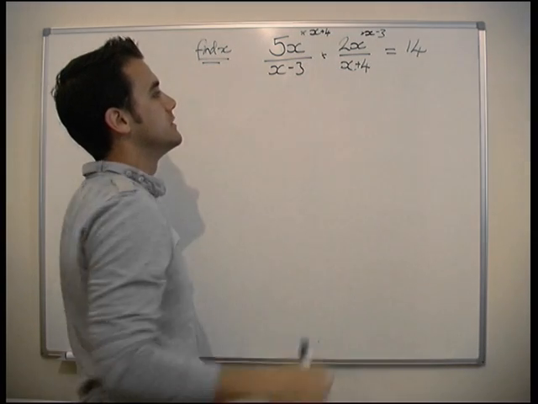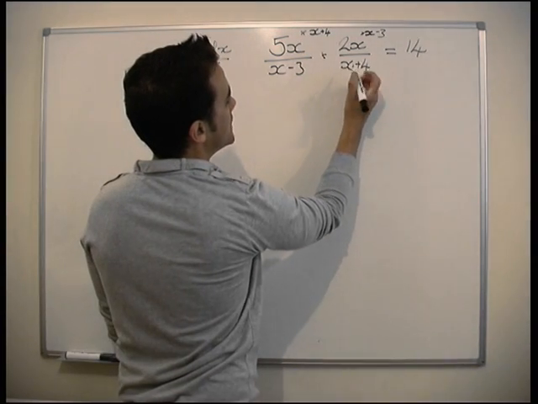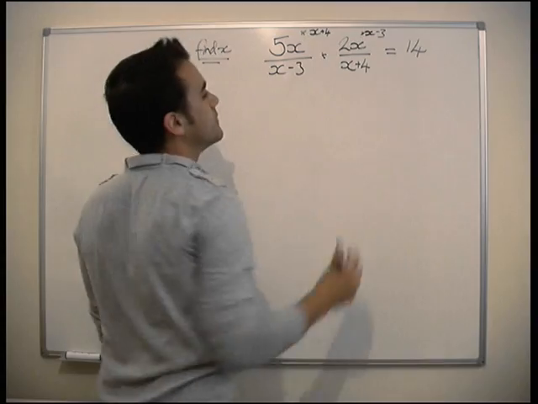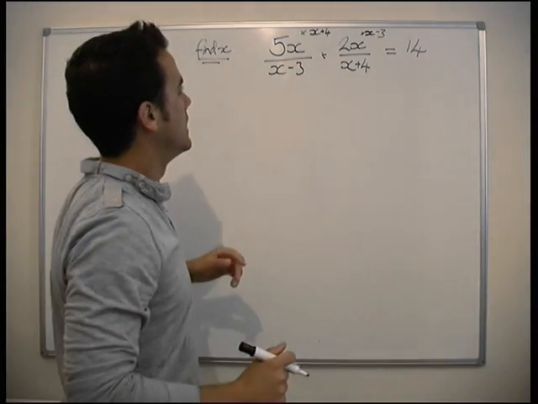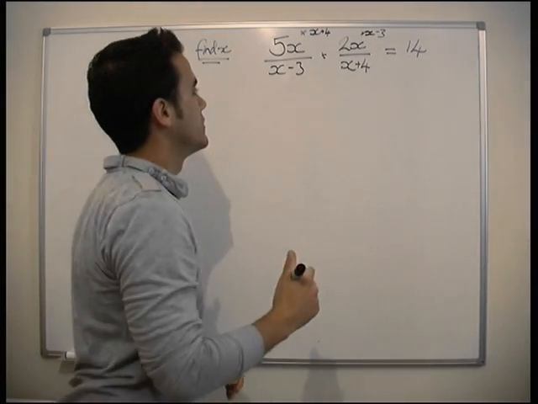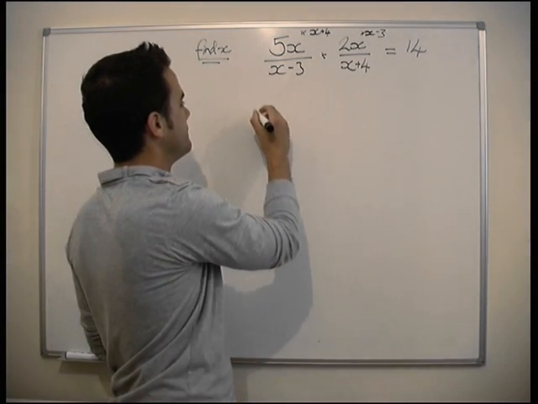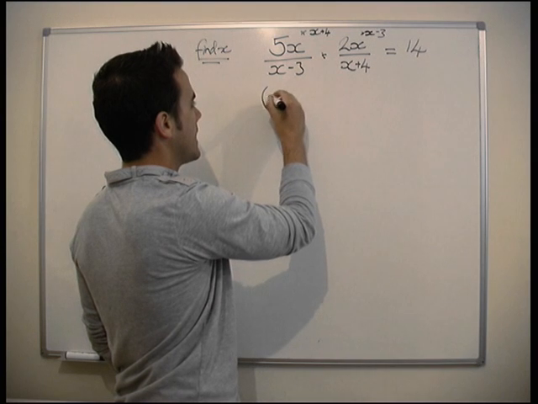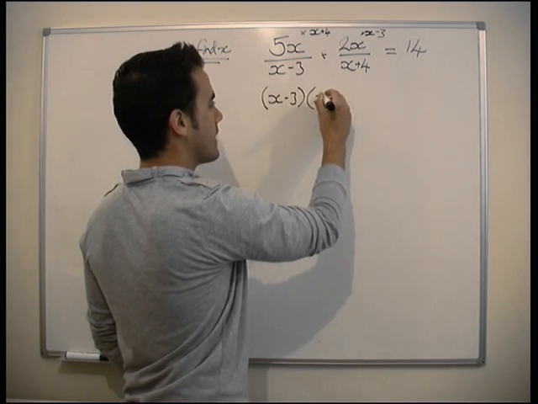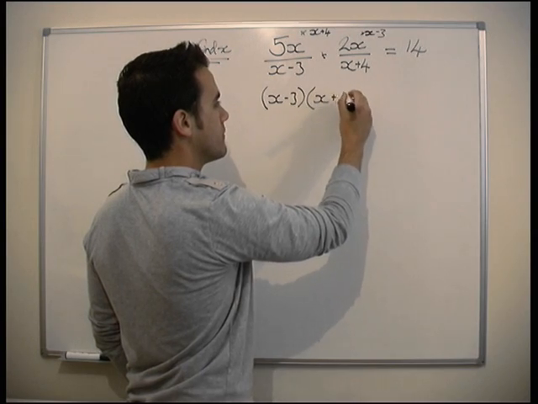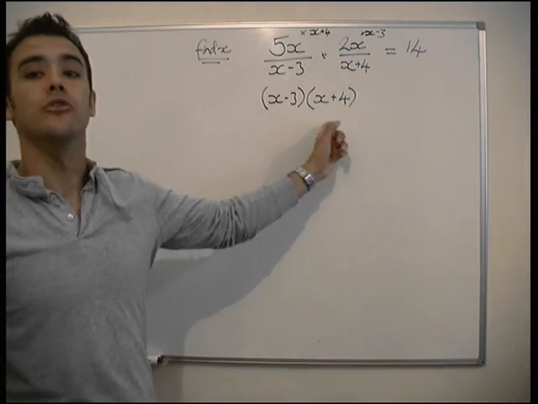We're going to times these two together. So what we get on the bottom, let's have a look at that first: x minus 3, x plus 4. So that's what we're going to have on the bottom.